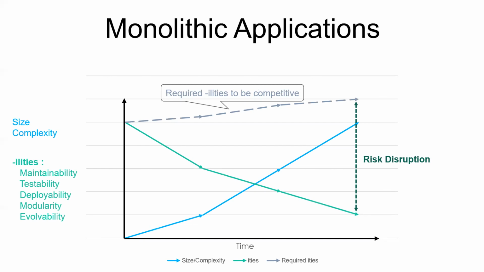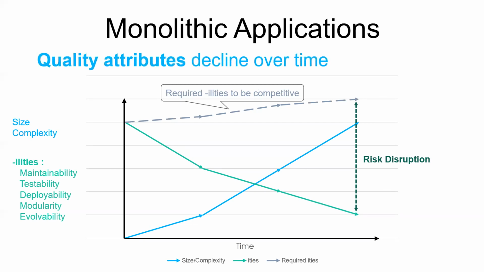The correlation says that the more the monolith size and complexity increase, the more the quality attributes will decline over time. I can also say that we absolutely have to keep a certain high level of these quality attributes to remain competitive in the market. Why? Give me a minute to explain that.